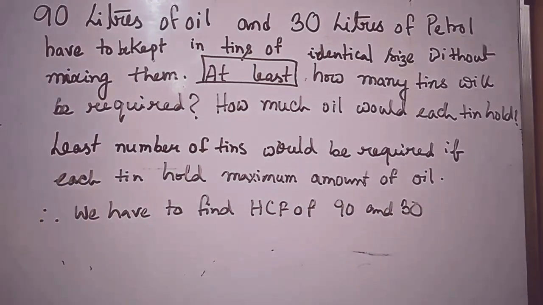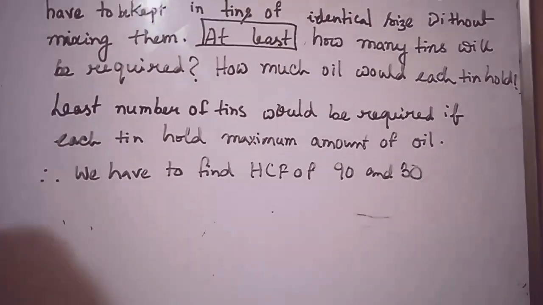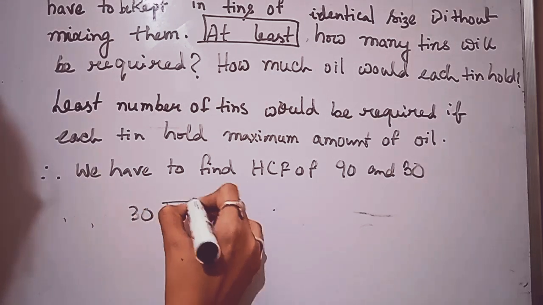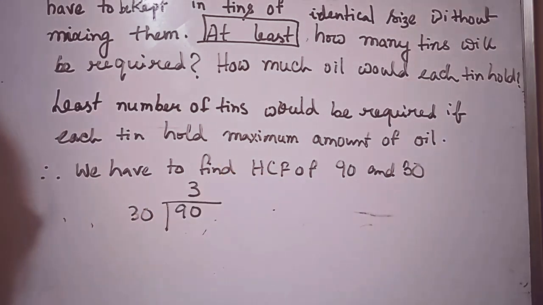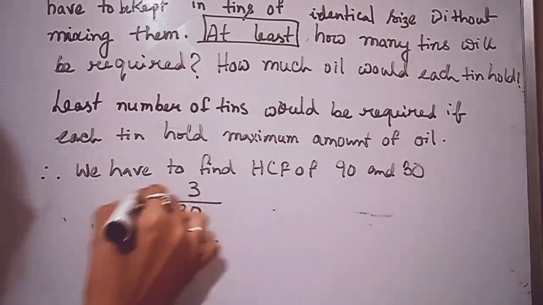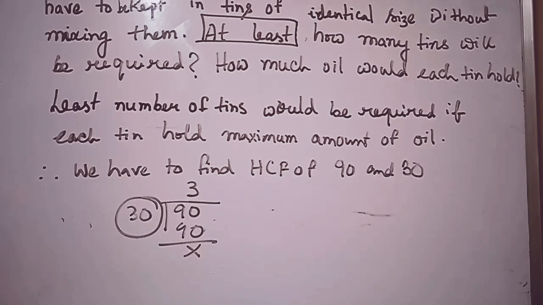So let us find. We can use any method. I am using the division method here. So 30 and 90, as I divide by 3, I can see that this will be my answer, that is, the 30 will be my answer. So the least number of tins required is 30. So I require 30 tins.